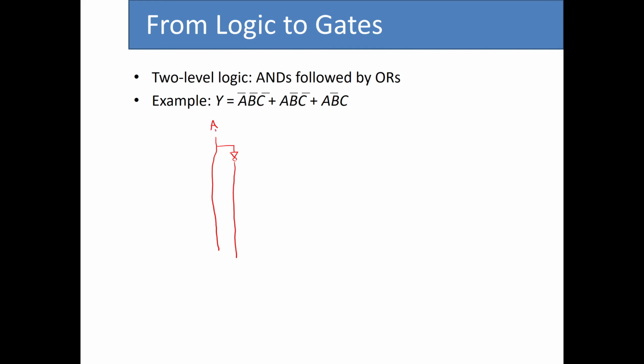So this one is A, which makes this line A bar, and I do the same for B as well. So this is B and this one is B bar. This one is C and this one is C bar.